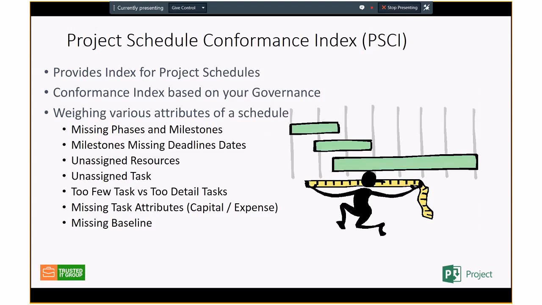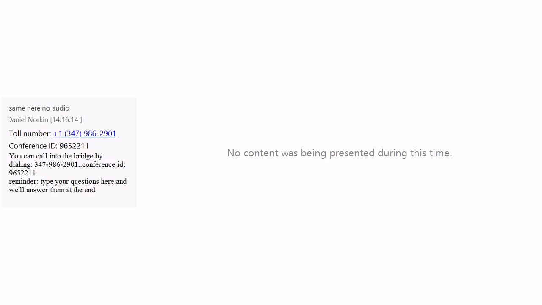But you could break it down into large projects, medium projects, and small projects, and that could be a custom field, and that custom field could dictate how many lines. A lot of companies have a special task attribute for capital versus expense. Make sure that all the tasks have those fields in the schedule.